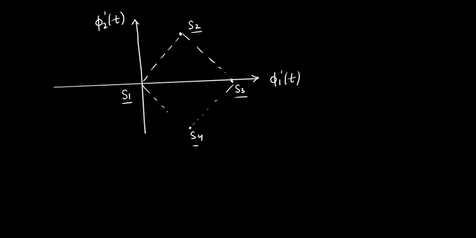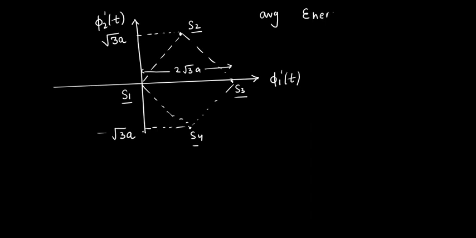The points are something like this: this is minus root 3a, this is root 3a, and this point is 2 root 3a. What would be the energy? Average energy of this constellation.